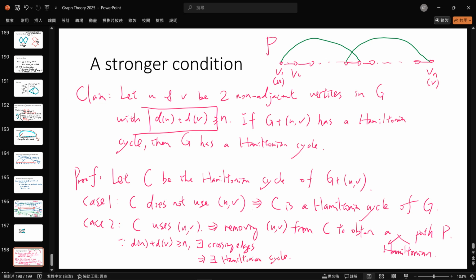So this symbol is "there exists". So there exists crossing edges, therefore there exists a Hamiltonian cycle.